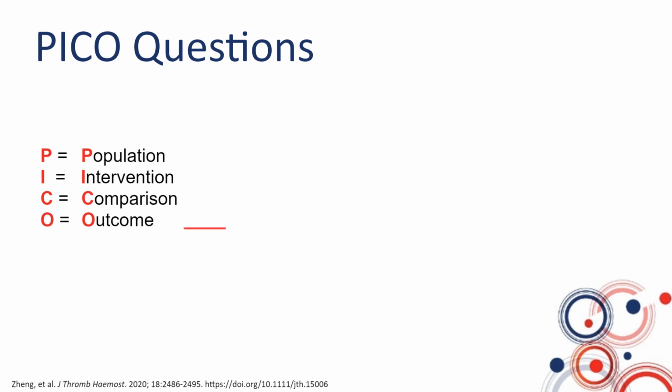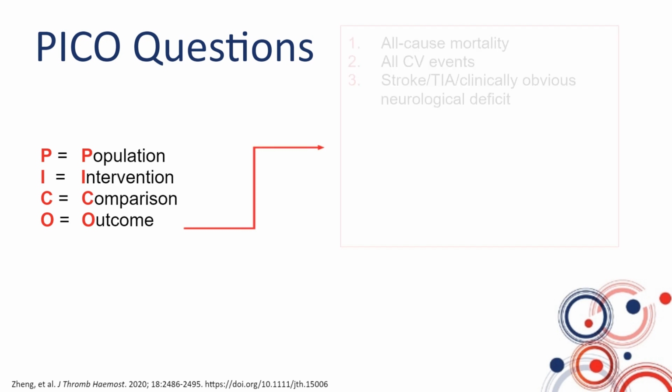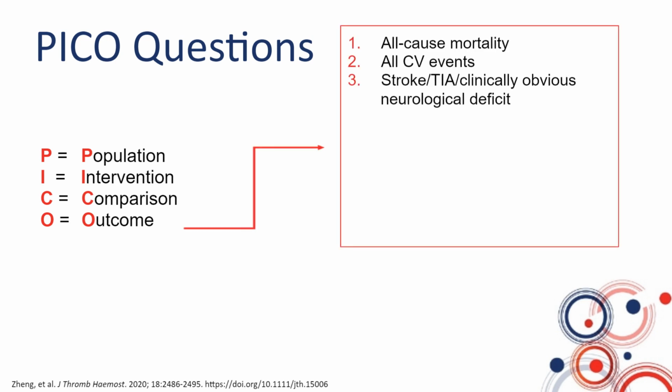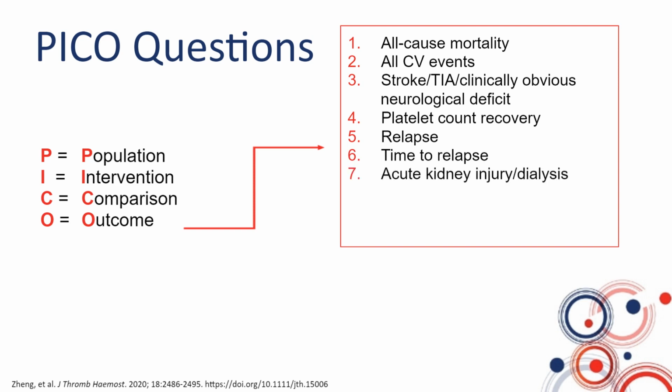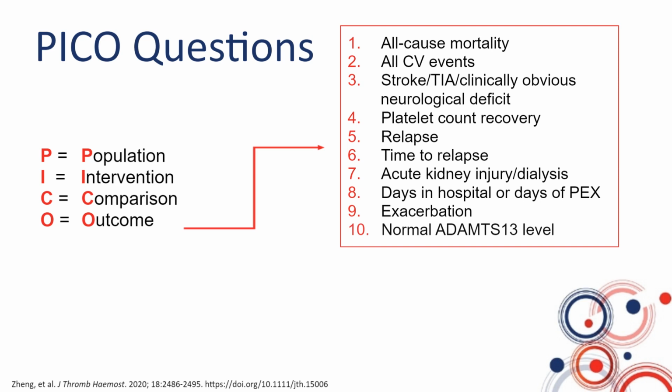And as you can see, it was important for these experts to understand the platelet count recovery, relapses, mortality, time to relapse, and whether there is any acute kidney injury, the days in the hospital, exacerbation, which means remanifestation of the TTP in the first 30 days after the recovery and normalization of platelets, and the level of ADAMTS13.